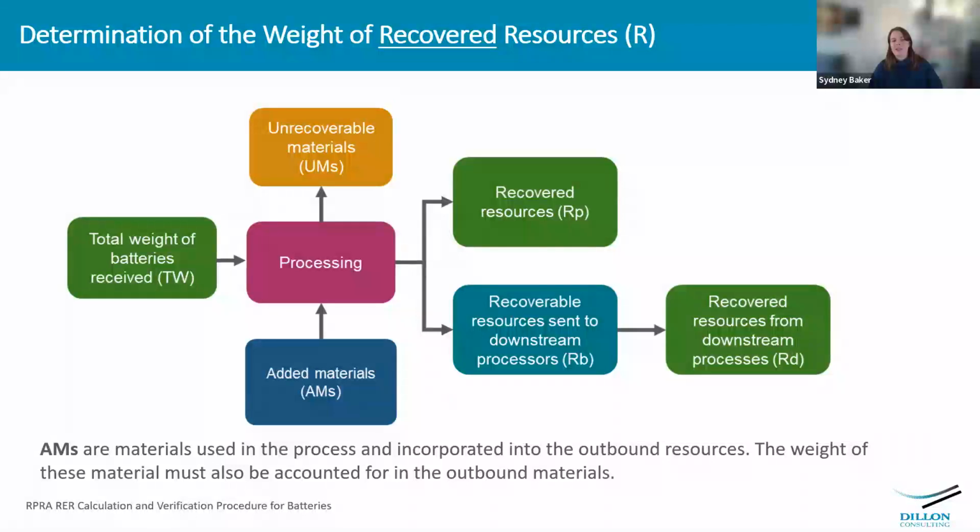So any materials that are added to the process would be included in the RER calculation. Then the outputs from processing are unrecoverable materials that would not count towards the RER. That includes materials that are landfilled, incinerated, used as fuel or a fuel supplement, or deposited on land. It's also going to include any process losses, so that might be evaporated water, for example.